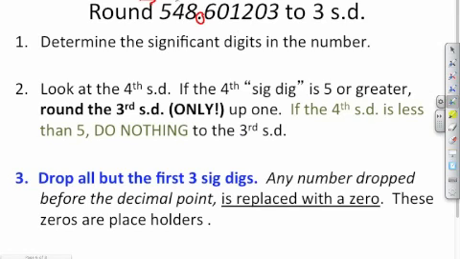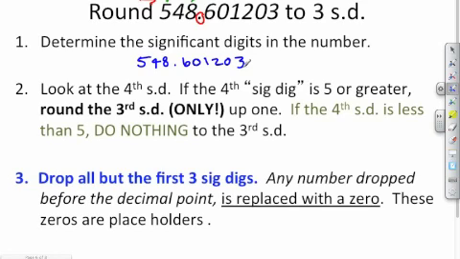The first non-zero digit is the 5. This 5 and any other digit that comes after it are significant. So I know from using the Pacific rules that the 5, the 4, the 8, 6, 0, 1, 2, 0, 3, all of these digits are significant.